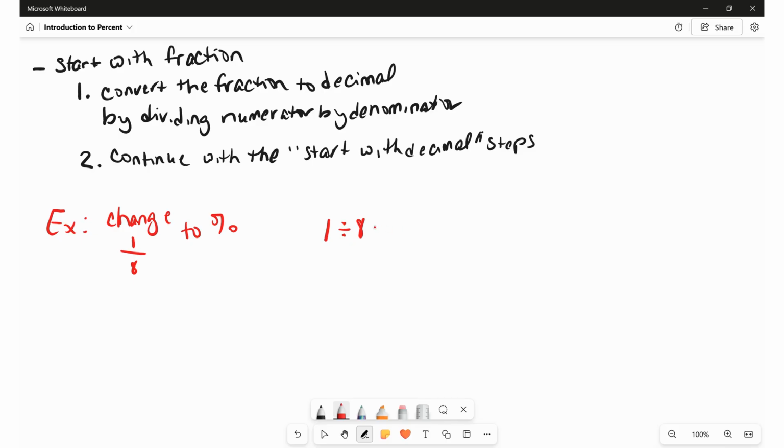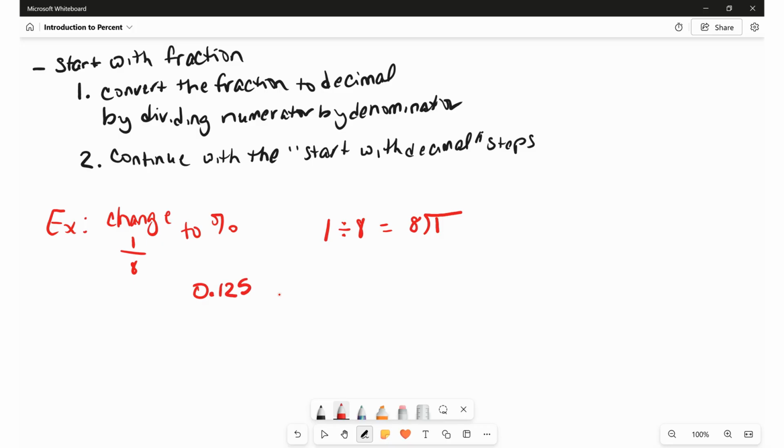The 1, that first number, goes under the division house. The way we know that this is correct is, 1 out of 8, is that going to be bigger or smaller than 1 whole? Well, if we had 1 pizza cut into 8 slices and you ate 1 slice, you ate a lot less than 1 whole pizza. So, in your calculator, 1 divided by 8 gives us 0.125.